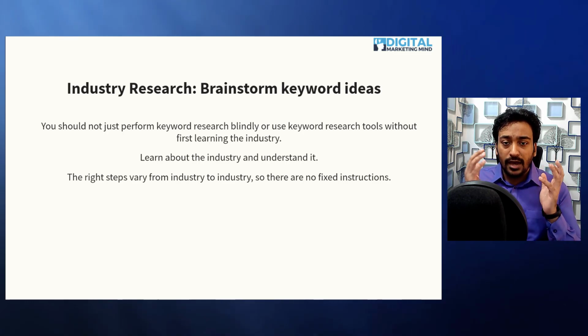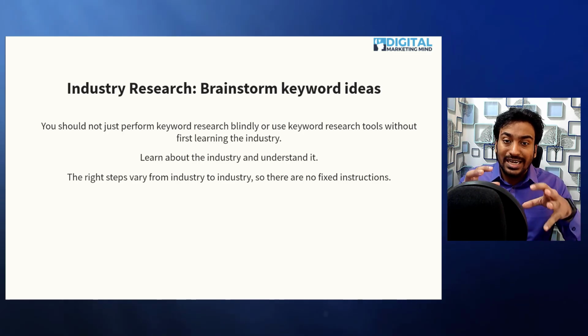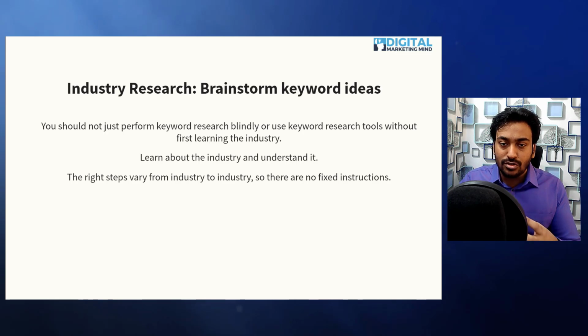Because if you don't have an overview of a certain industry, you might miss out on a lot of opportunities, such as finding good keywords or understanding your customer pain points. That is the reason we should do the industry research or brainstorming process before any keyword research.